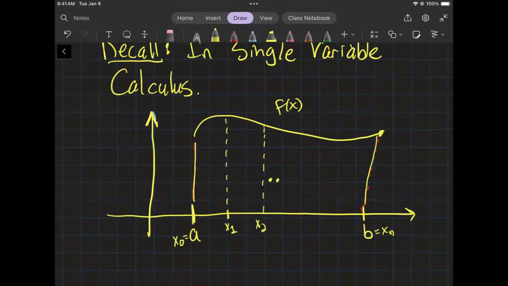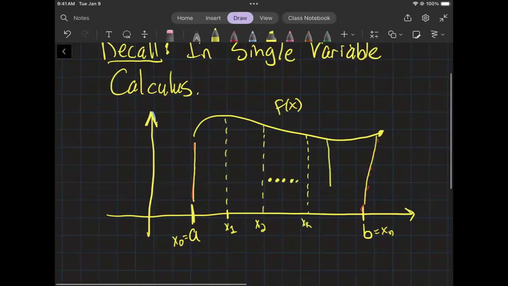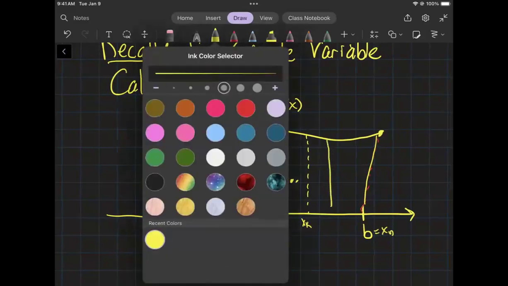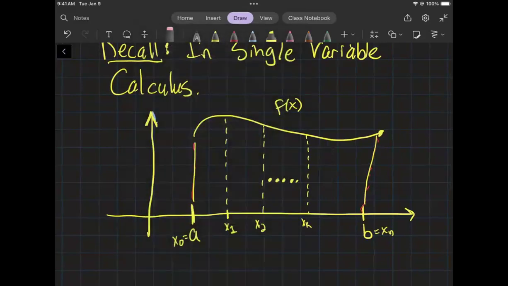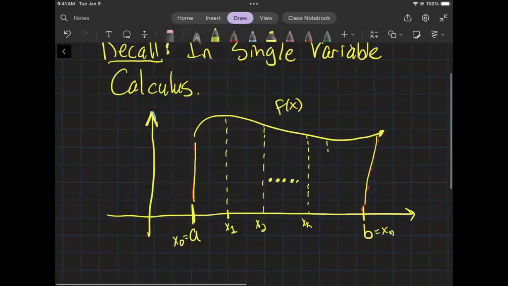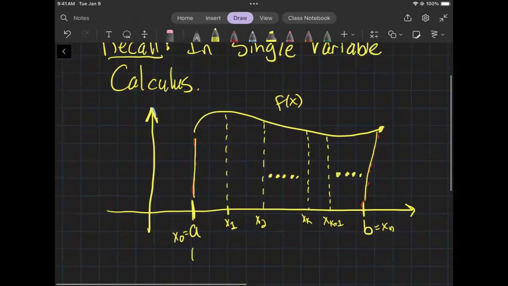So this will have x1 and then x2, and these dots mean I'm going to keep going up to x sub k and then down to x sub k plus 1. And I keep going, just taking even slices of the subinterval starting from A to B.